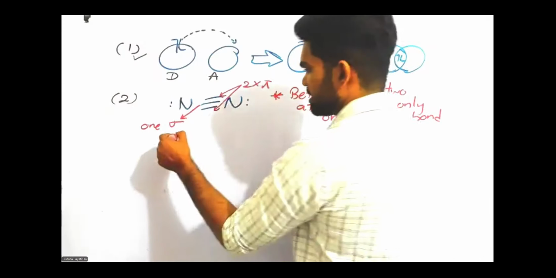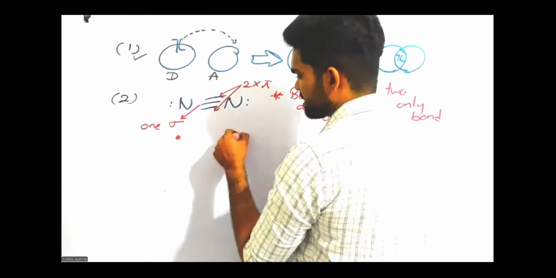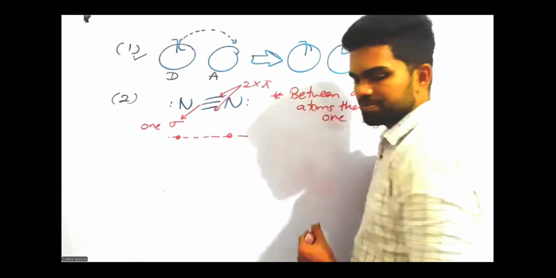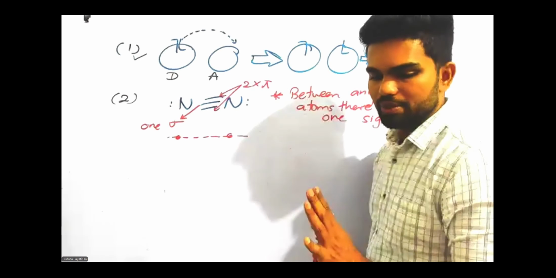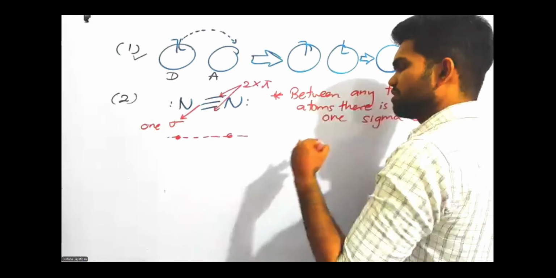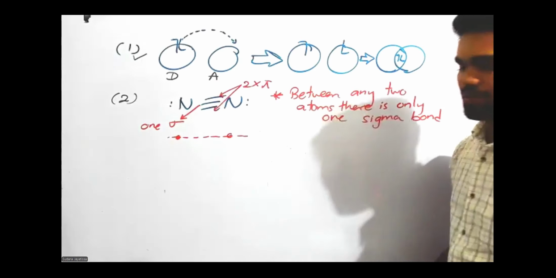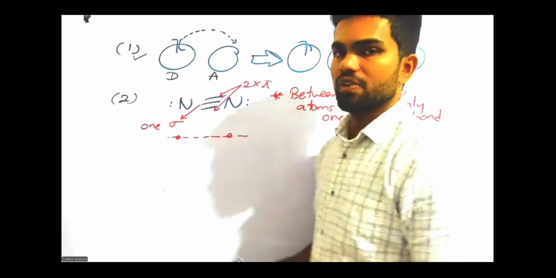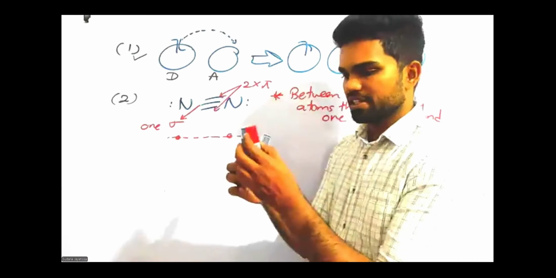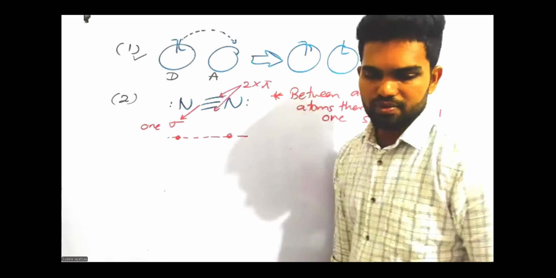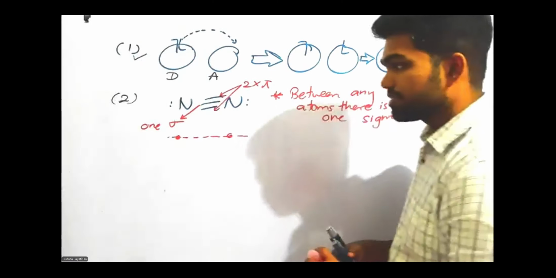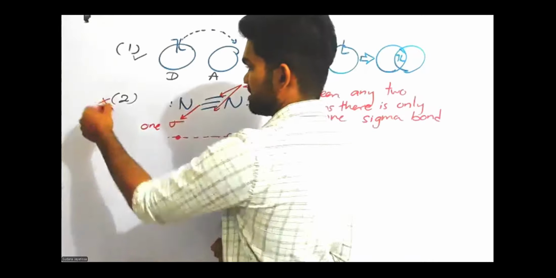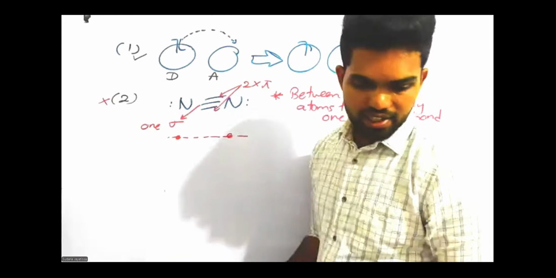So between these two nitrogen nuclei, only one axis is there. Along that, only one bond can form. So if it needs to make multiple bonds, it has to undergo lateral overlap using p orbitals. They can overlap laterally. So only one sigma bond. Remember that. So this is wrong. This is the answer.